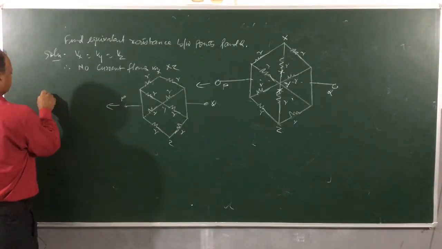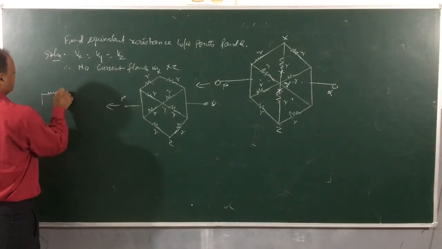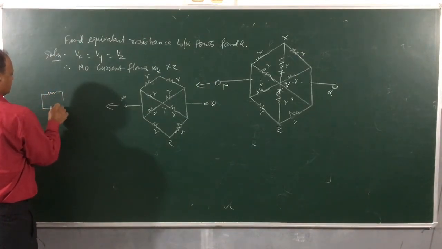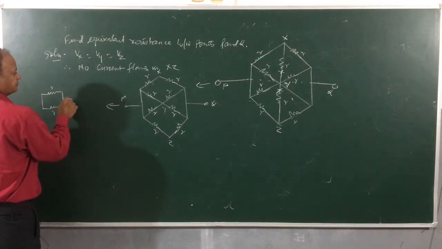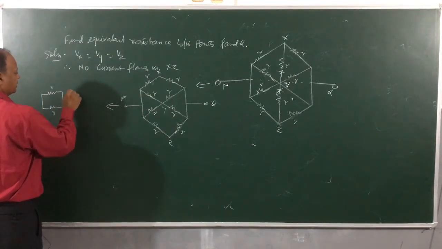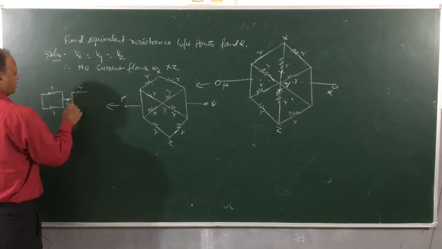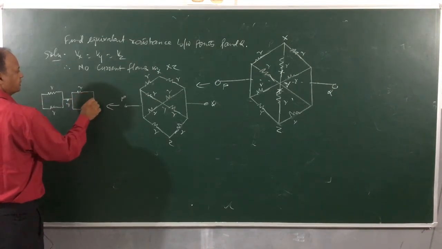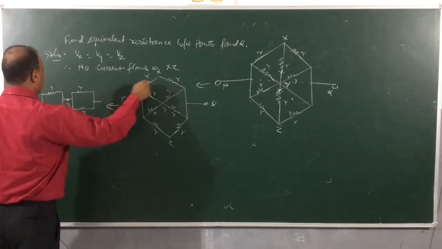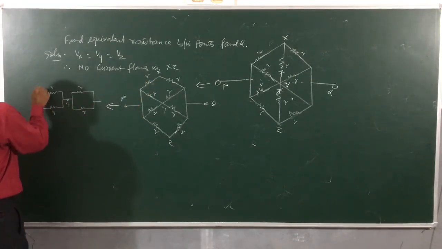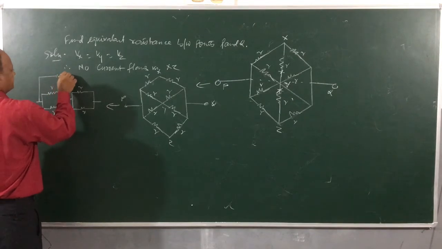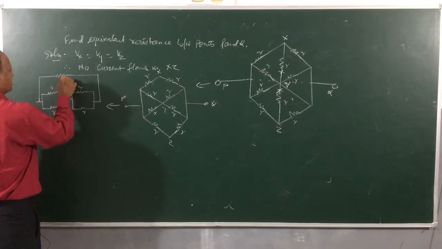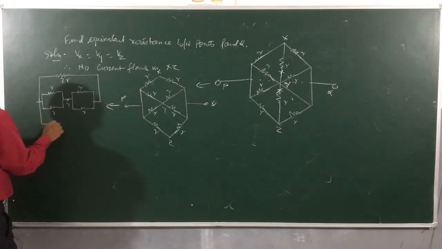This is R and this is R. Now, this point Y, R, this is R. And then this is R and R, both in series. R and R resultant is how much? 2R.